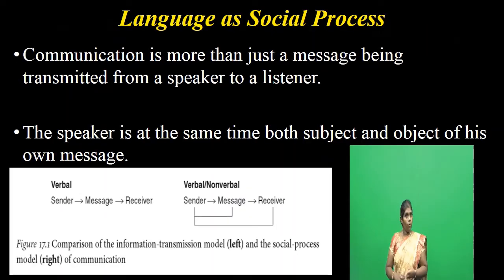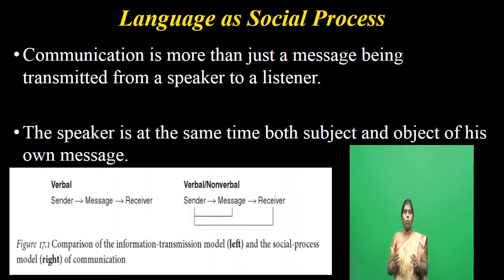So we move to the second theory that has been given, that is language as a social process. So here communication is very important because communication is taking place in the language class. First one is with the teacher, another one is with the student. Communication is more than a message being transmitted from the speaker to a listener.